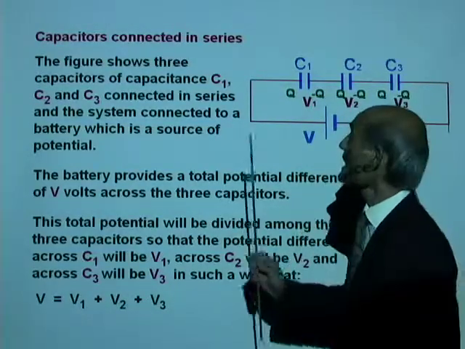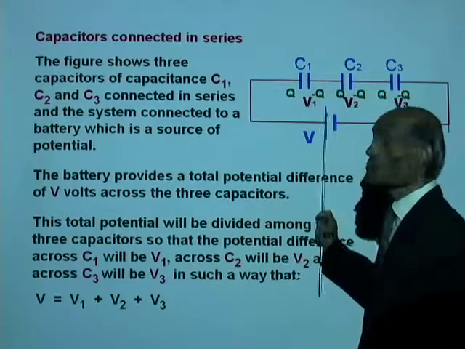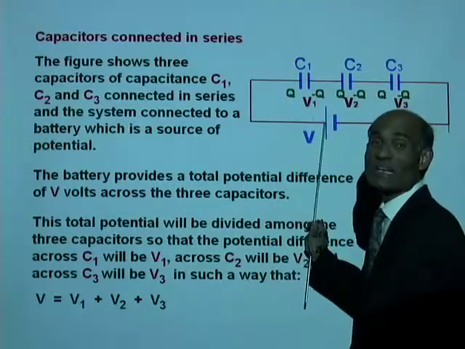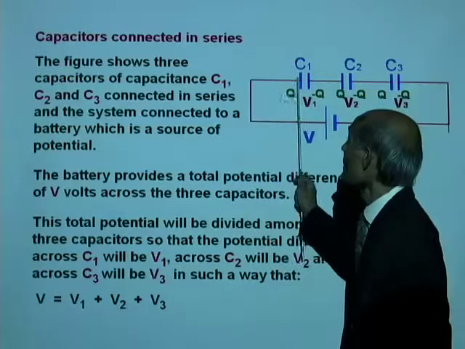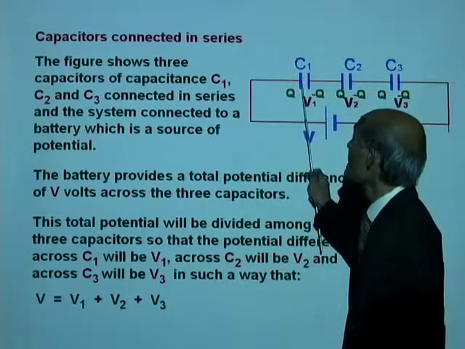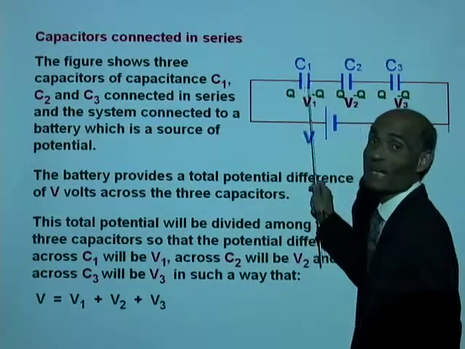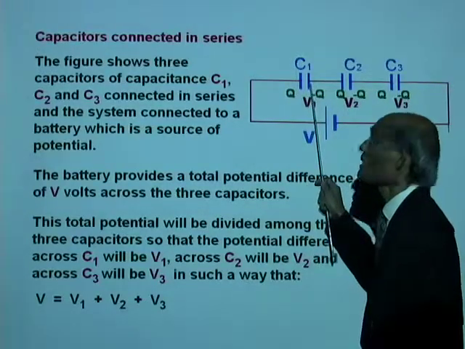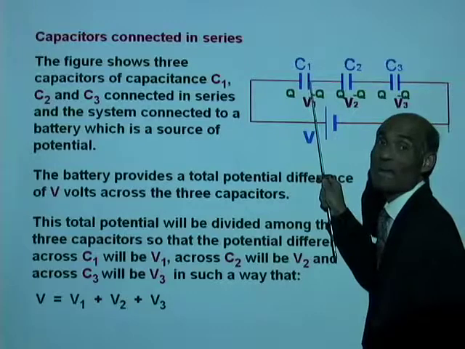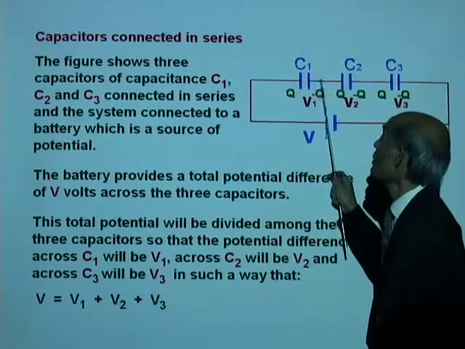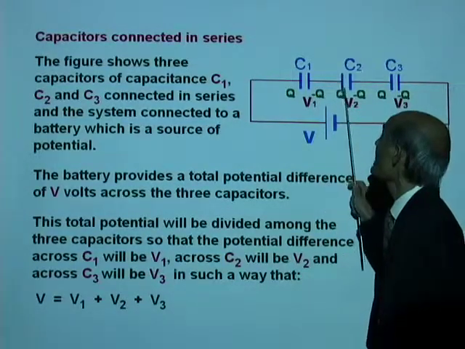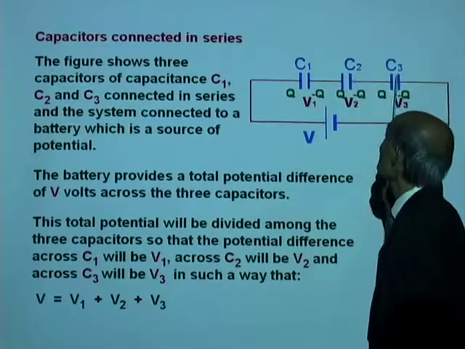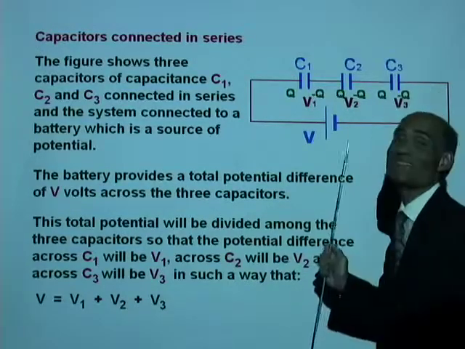But as I explained to you, if a total charge Q is taken from the cell, that charge Q is on the first capacitor plate. If this gets a positive Q, then its other plate will have a negative Q. The second capacitor similarly will have a Q, a negative Q.